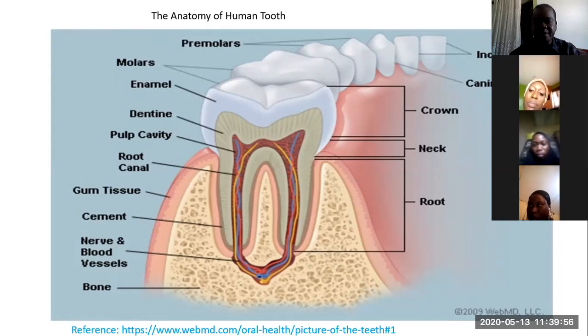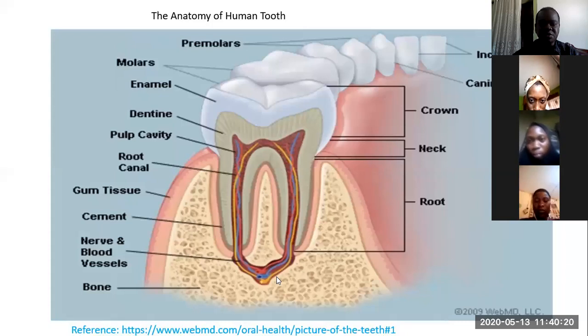So again, crown, neck, root are the three major parts into which a tooth is divided. And then enamel, the topmost layer, is hard, that's what you can see outside. You have the dentin, you can't see it, it's sensitive. If you have a problem with a tooth and it gets to the dentin, no doubt that tooth becomes so sensitive, and the clinic is the next place for such a person to come for help.